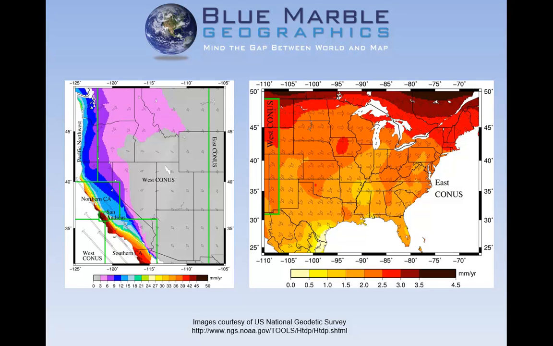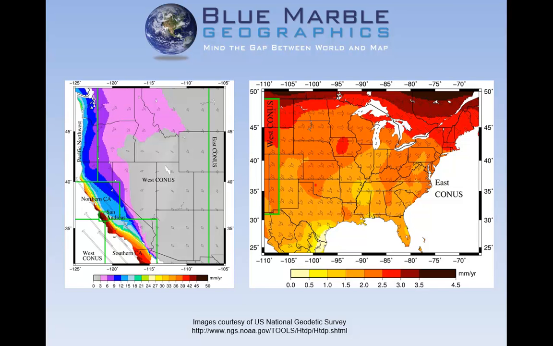The scale bars towards the bottom of the screen show the very drastic difference in velocities, particularly along the Pacific coast in California. You'll notice that some of those shifts are up to 50 millimeters a year. So we're talking about several inches a year, whereas on the eastern half of the country we have much, much smaller velocities. The plates are moving around a lot slower.